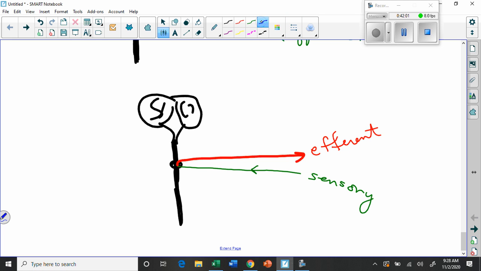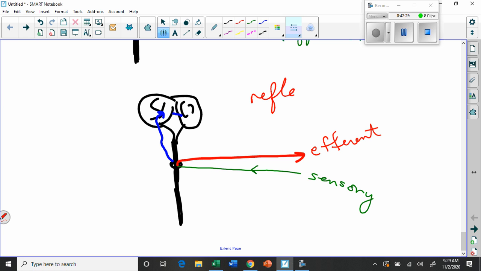So what happens is, while this immediate turnaround is happening, the signal would also go up to the brain, but it's independent of the efferent pathway. And once it gets to the brain, it's basically just letting the brain know, by the way, we moved your finger. So you are aware of it, but you don't have to think about it. You don't have to make the decision. And this is, of course, what we call a reflex action, right?